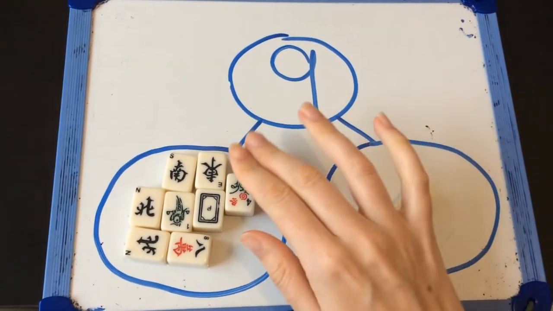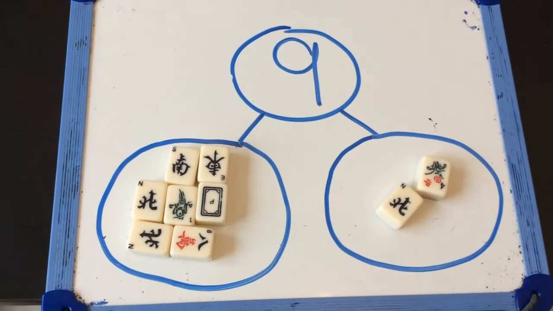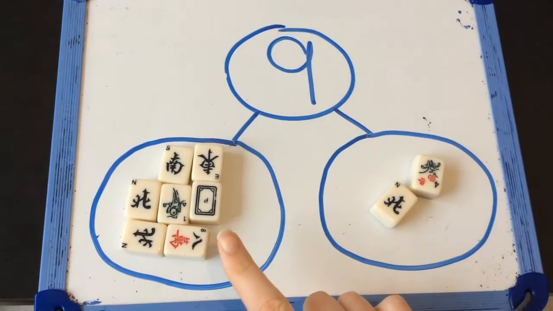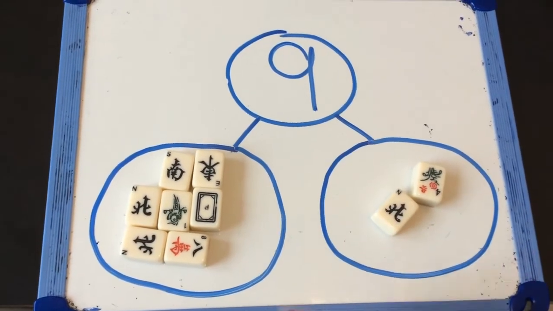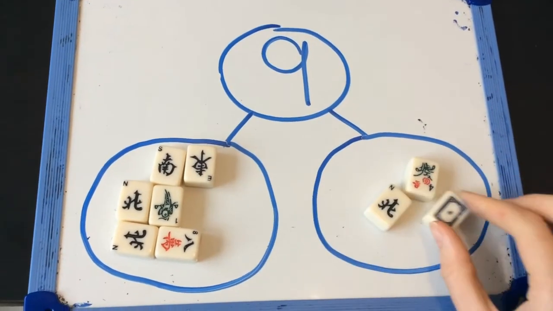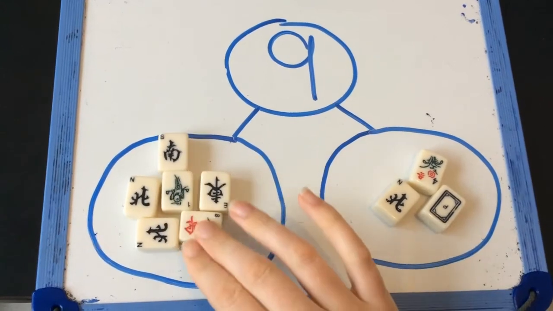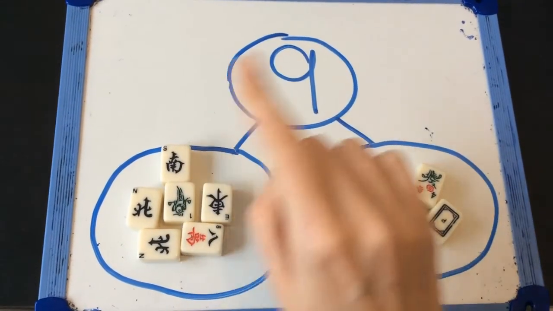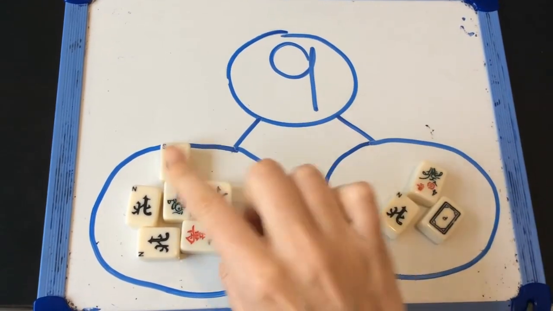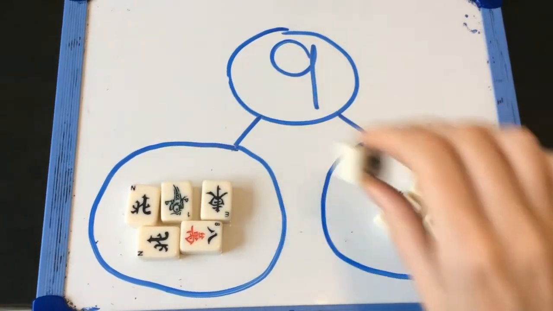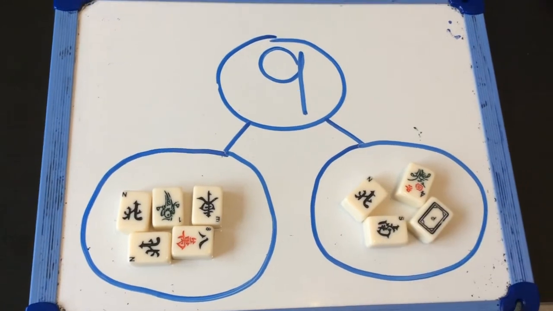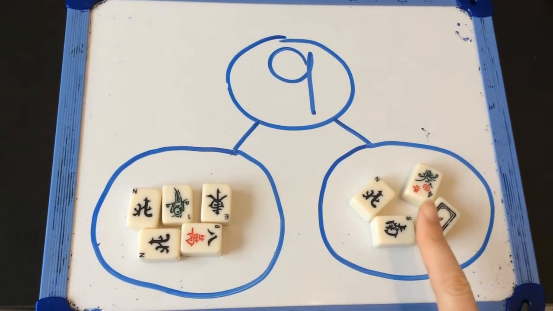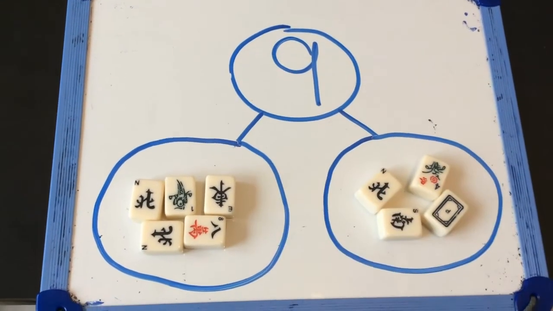I can do it another way. Now my two parts are 7 and 2. Now my two parts are 6 and 3. And they all add up to the same whole, 9. Now I've got two parts, 5 and 4, making the whole 9.